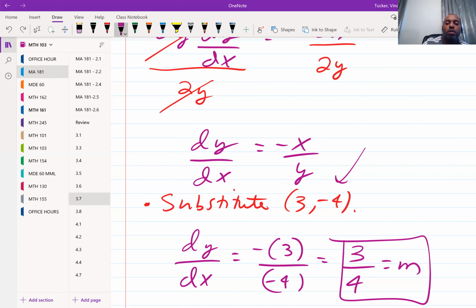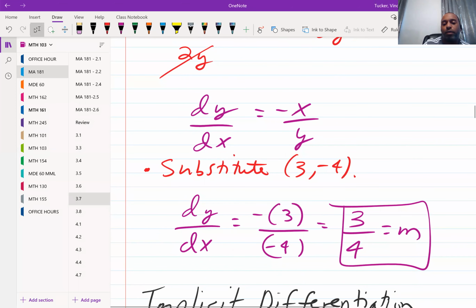Before, all we had was x left over, but this time we have x and y. Implicit differentiation sets us up to have x and y left over. So we go ahead and plug in the point (3, -4), 3 for x, -4 for y.